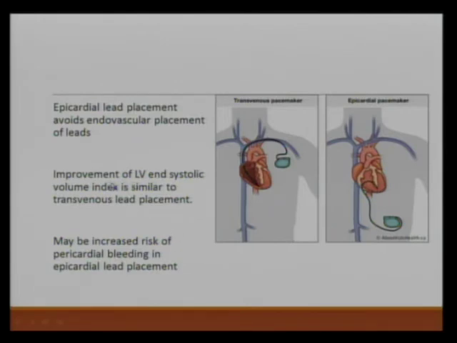What they found was it was similar in terms of improving heart function, but they did have about 2.5% more pericardial bleeding that was statistically significant. And for one person, that's a bad problem to have. So it might be a trade-off.